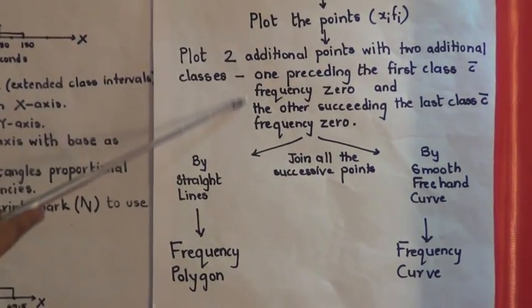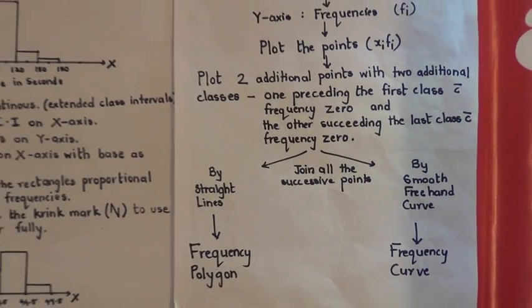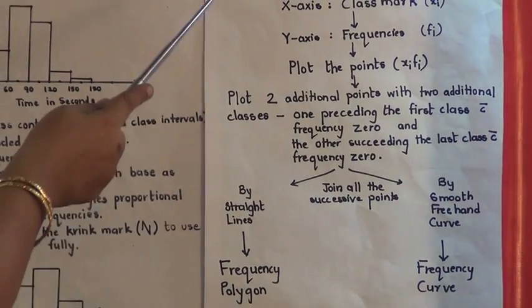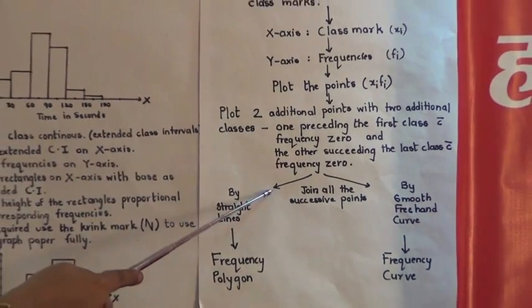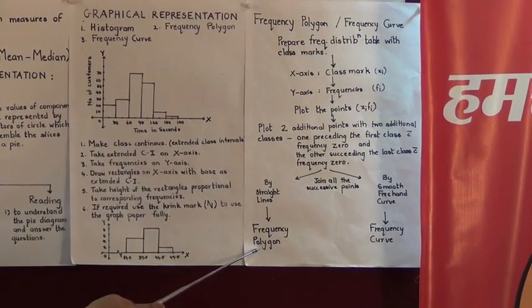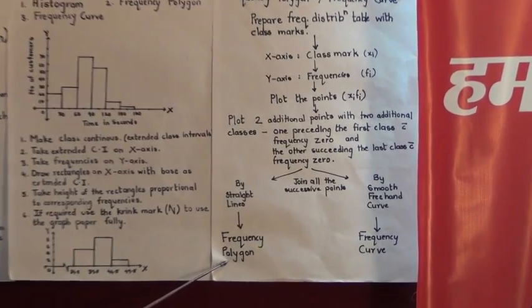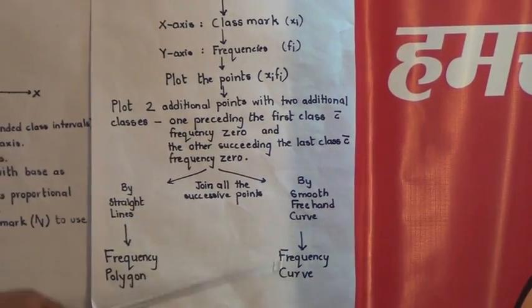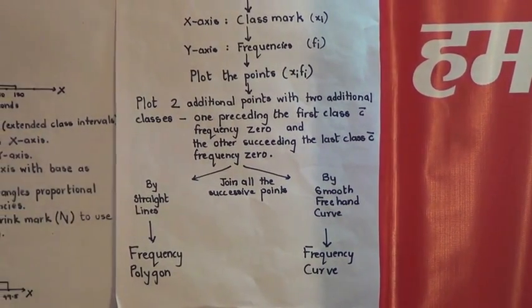These points are common for both the frequency polygon as well as the frequency curve. Remember, when you draw a frequency polygon, all the points are joined by straight lines and then it is called a frequency polygon. If you use your hand and draw smooth freehand curves, it becomes a frequency curve.